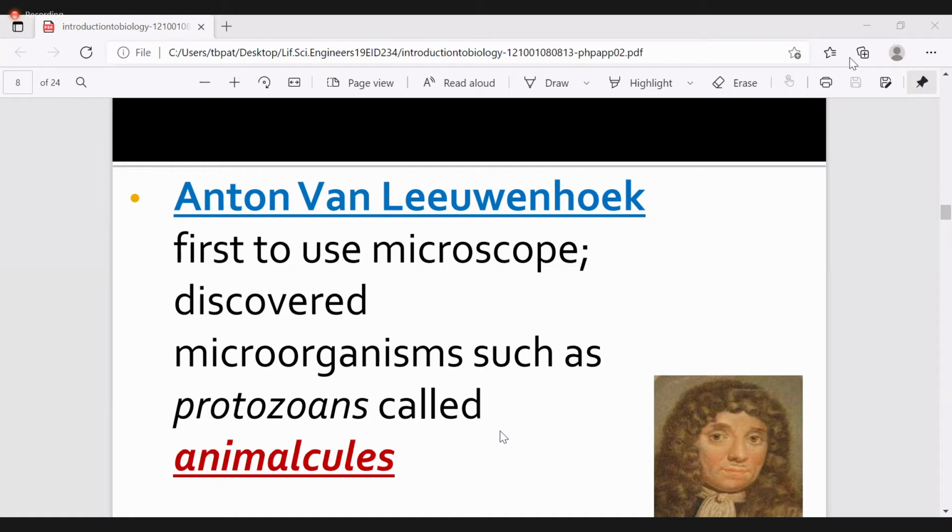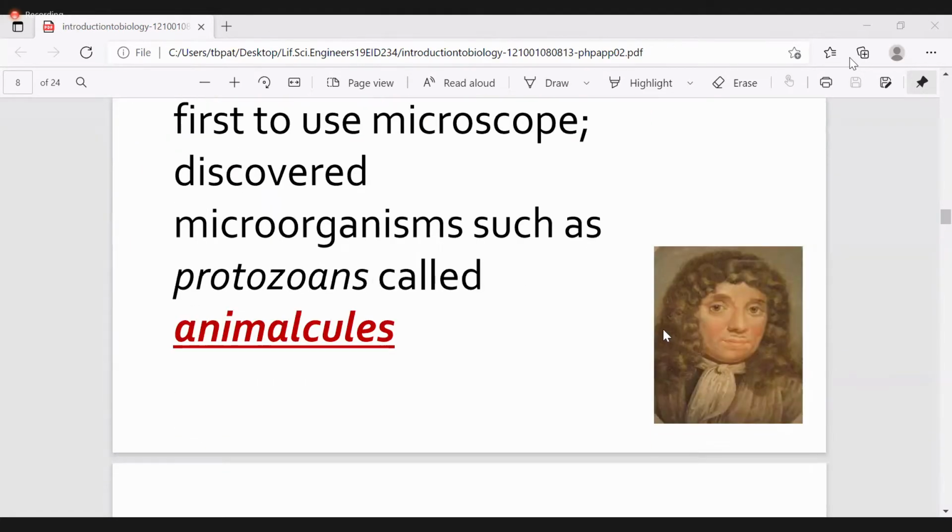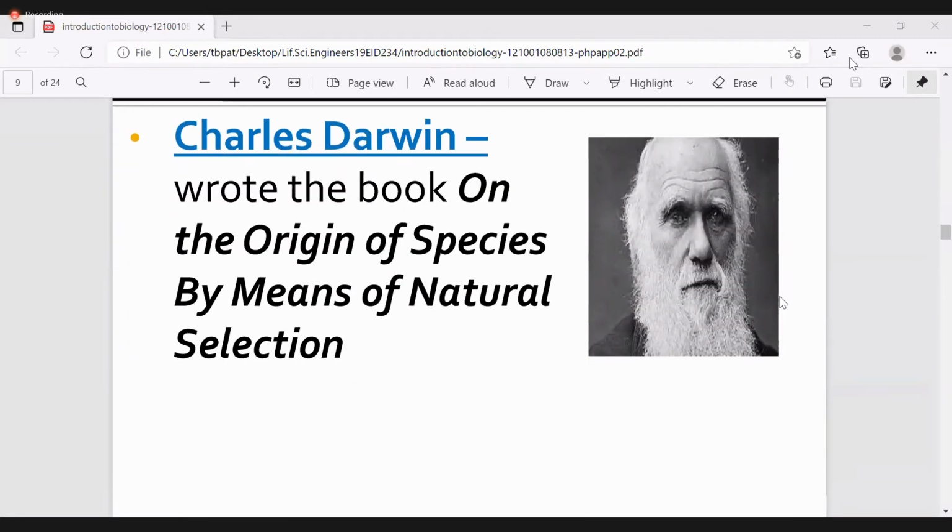Slipper animalcule is nothing but the paramecium, because the paramecium's shape is like the sole of a slipper, like our shoe sole. That is the reason it is called a slipper animalcule. All protozoans are called animalcules, and they are visible only under microscopic conditions.